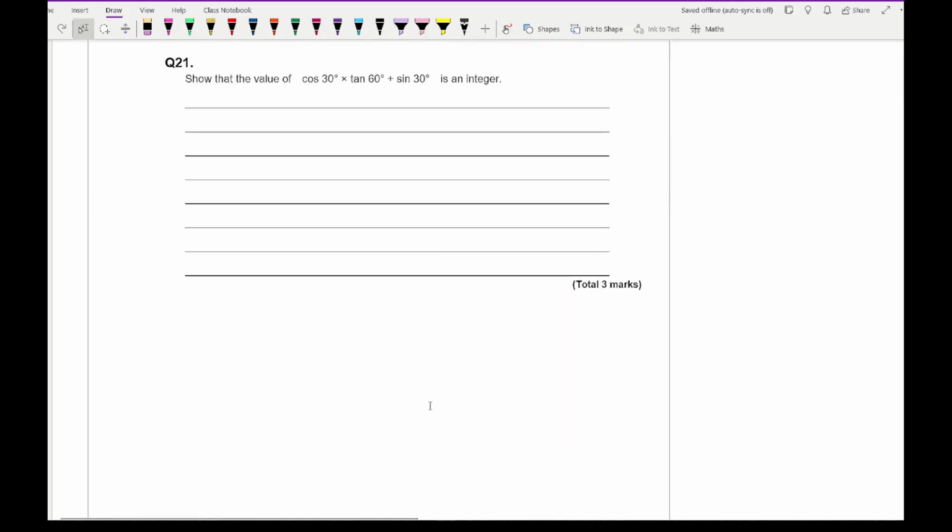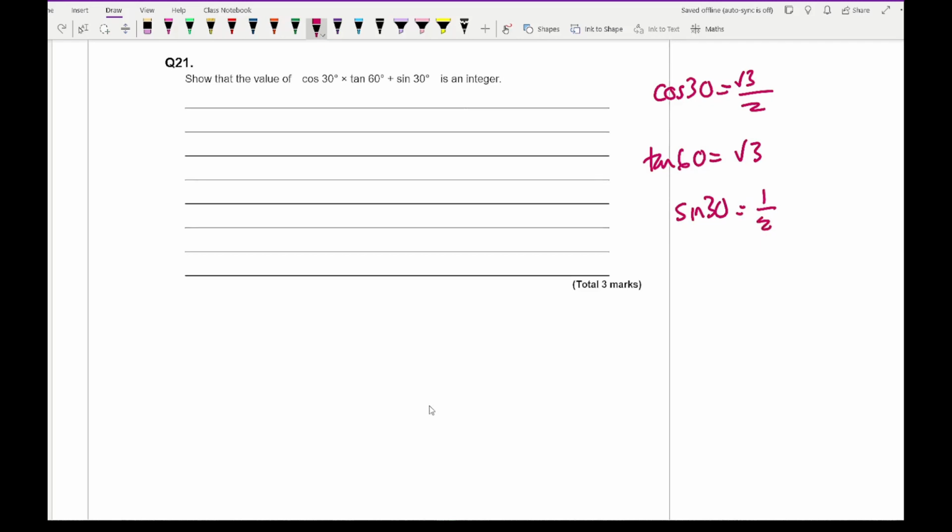Then for question 21, it says cos 30 times tan 60 plus sine 30, and we want to show that it's an integer. So here cos 30 is root 3 over 2, as we previously mentioned. Tan 60 is root 3. And sine 30 is a half.